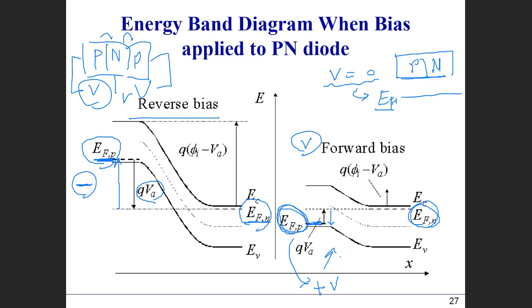Typically we look at the energy band diagram for different bias. When you apply different bias, you are able to draw the energy band diagram corresponding to this bias condition. And then based on this change of energy in the particular region, you can actually draw the energy band diagram.